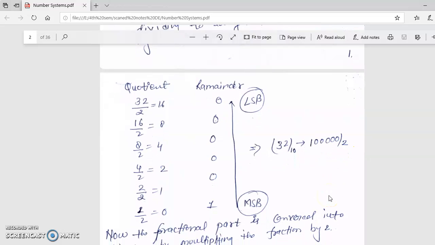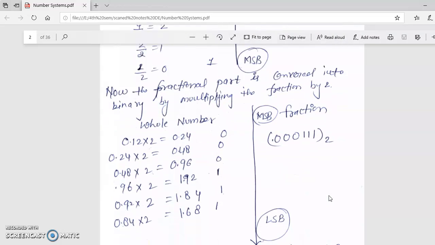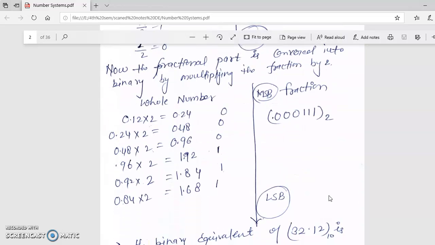And for the fractional part, we multiply by the binary number system radix, that is 2. Our fraction part is 0.12, multiplied by 2, so we get 0.24. Here the whole number is 0, so write the whole number here.